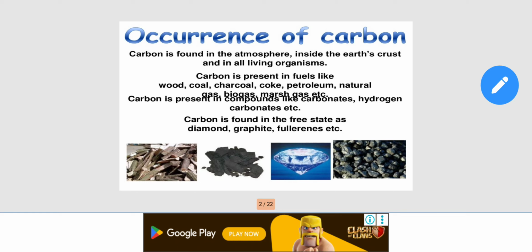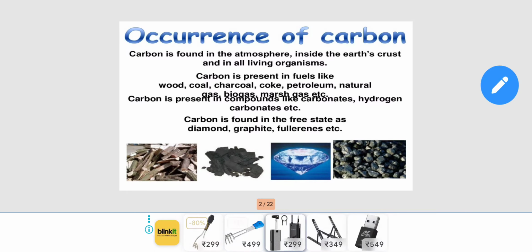Carbon is a non-metal element found in group 14 of the periodic table. Although carbon is present in a small amount in nature, it forms millions of compounds. For example, carbon in daily life appears in food, clothes, medicines, fuels, plastics.